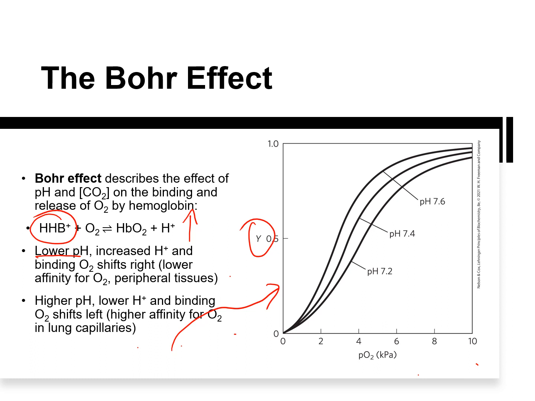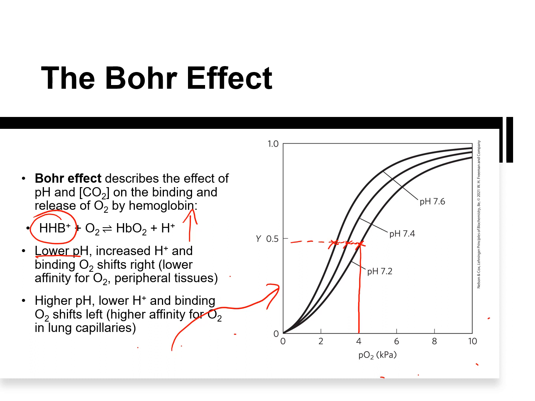To illustrate this, let's just look at half saturation or half binding. If we go across, we have 3 different points on our 3 different pH lines. At a pH of 7.2, we have to get to a PO2 of approximately 4 in order to get 50% binding.